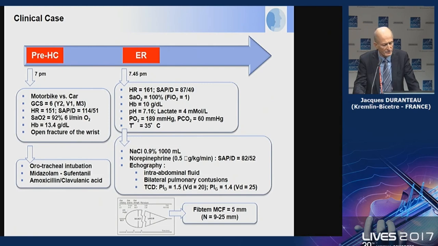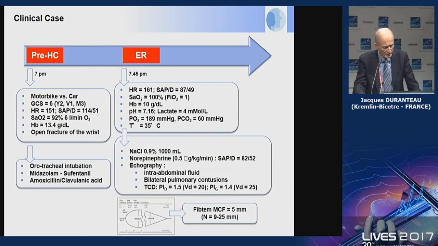He has an increase of heart rate, and the systolic arterial pressure is at 114, with a diastolic arterial pressure equal to 51. The saturation is equal to 92 after 6 liters per minute of oxygen.